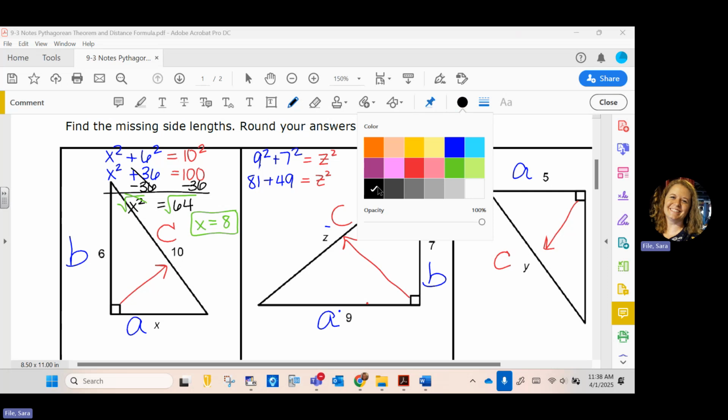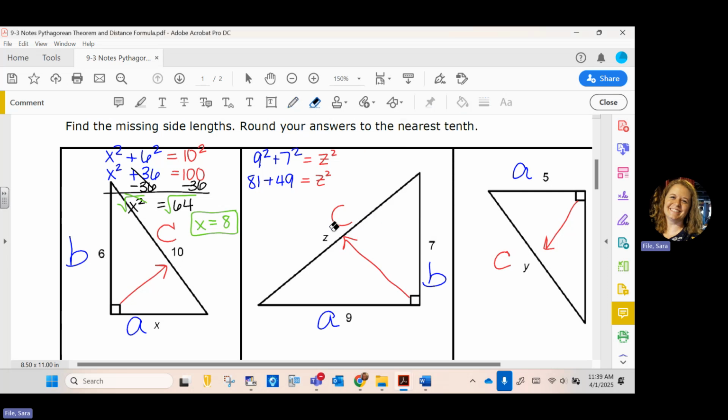And this is what I was talking about: when your missing piece is the C, you don't have to subtract anything. You just add those together. So 81 plus 49, you get 130. So I've got 130 equals Z squared.